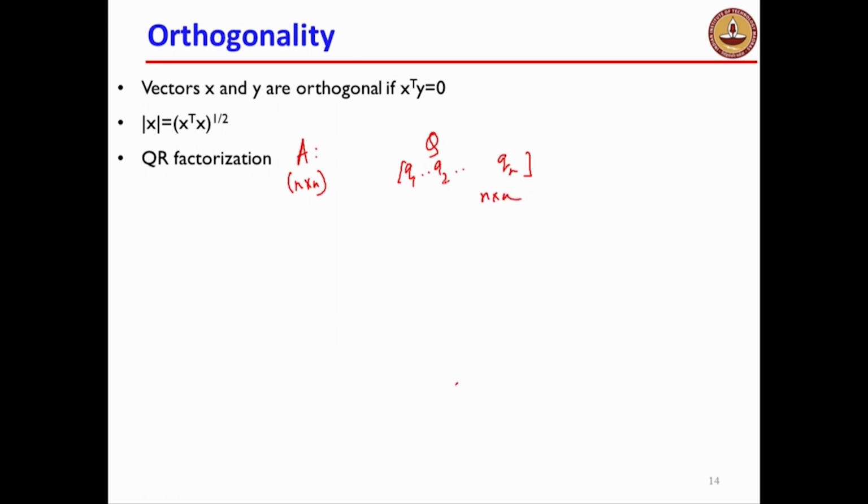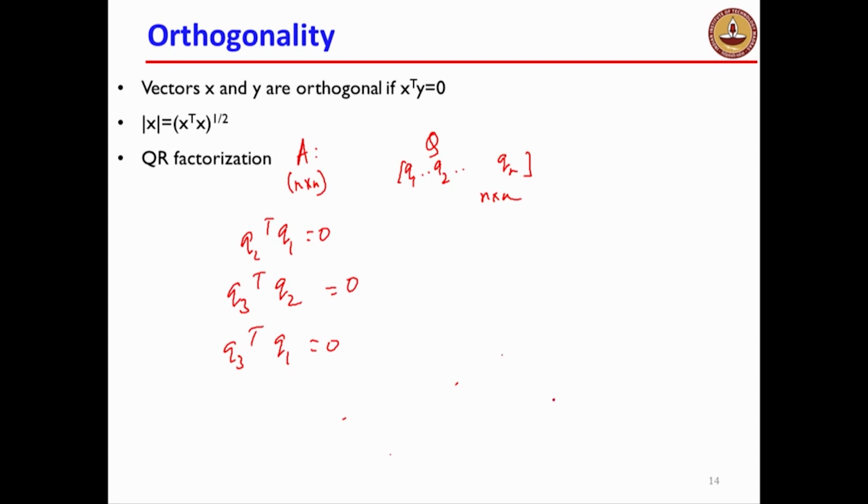I know that Q2 is perpendicular to Q1, Q2 transpose Q1 equal to 0. I know that Q3 is perpendicular to both Q2 and Q1, and so on. So all the columns are perpendicular to each other.